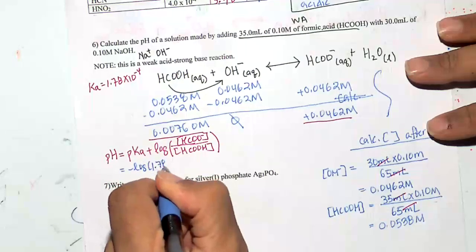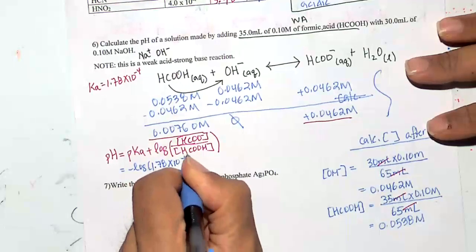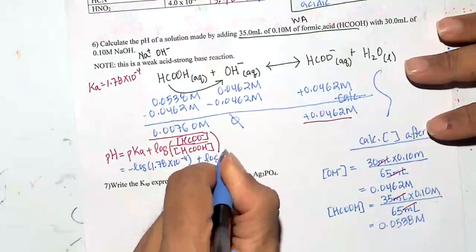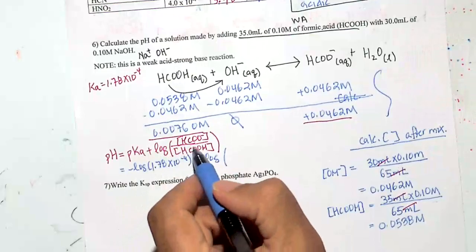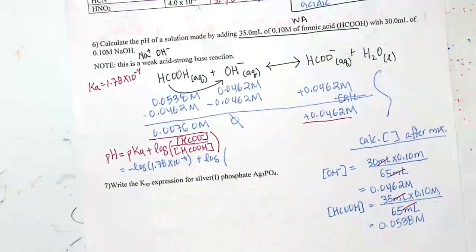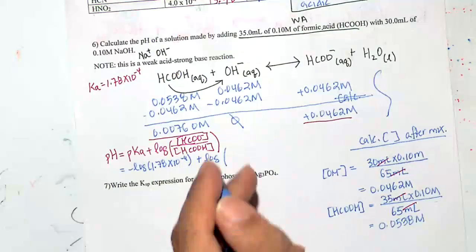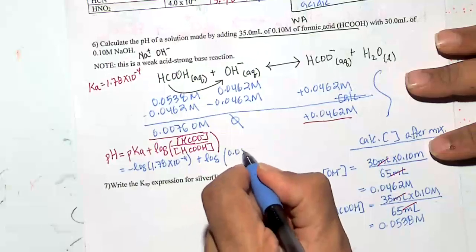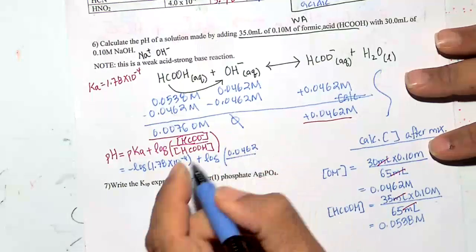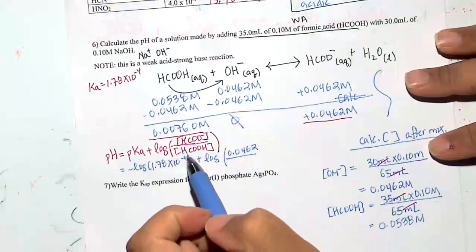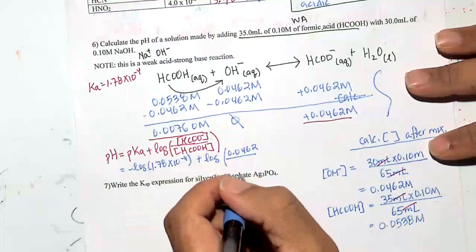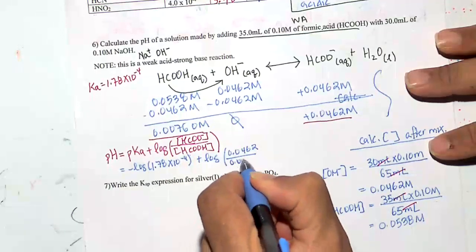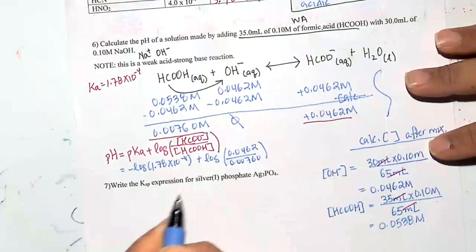Minus the log of 1.78 times 10 to the minus 4, plus the log of, what's the concentration of HCOO minus? 0.0462. And HCOOH? 0.00760.